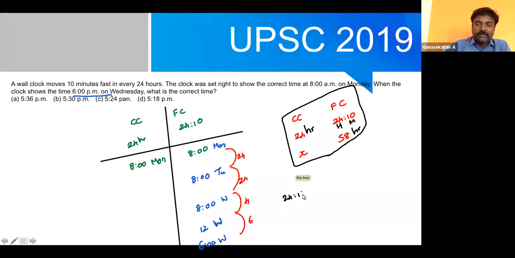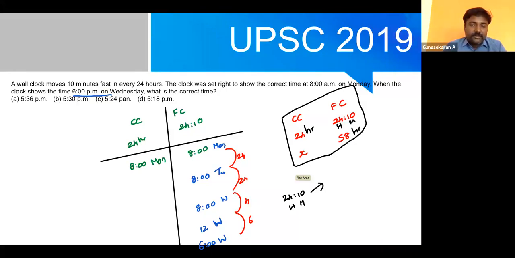Which is better? Converting into what? Minutes or seconds or hours? Which is better? Already 2 units are in hours. Understand?